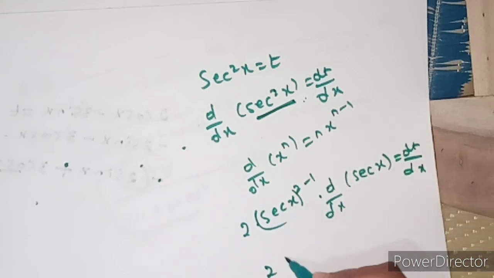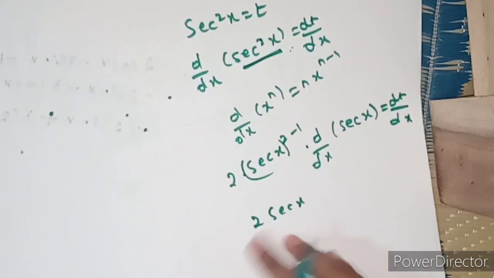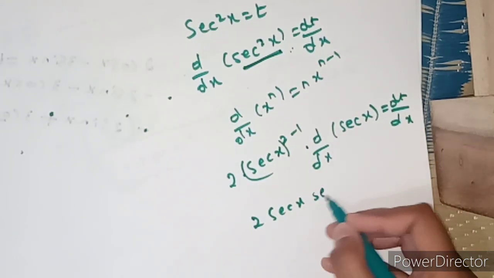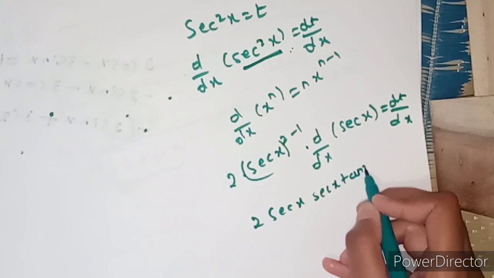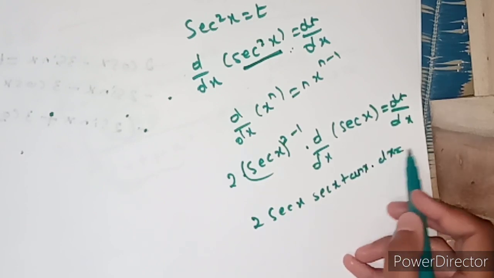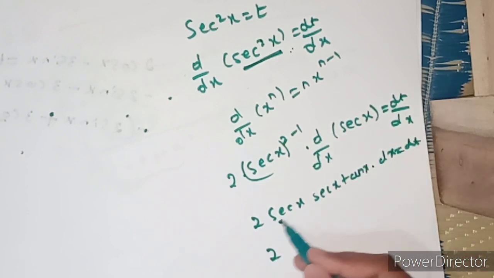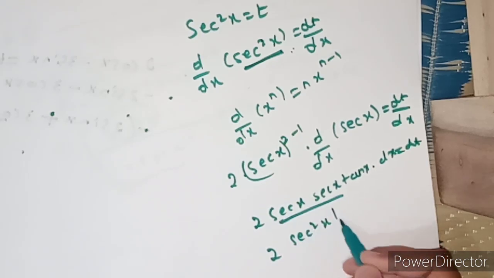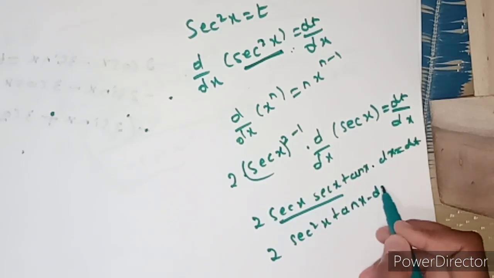So 2 secant x, 2 minus 1 is 1. So 2 secant x, derivative of secant x is secant x into tan x, dx is equal to dt. Okay. Now 2 secant square x into tan x dx is equal to dt.